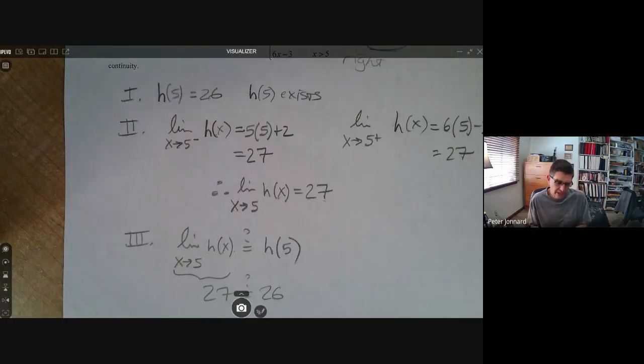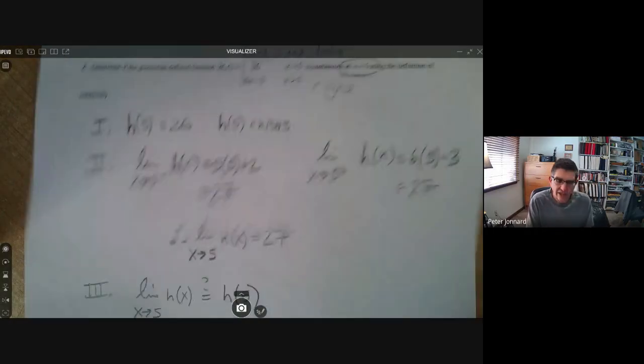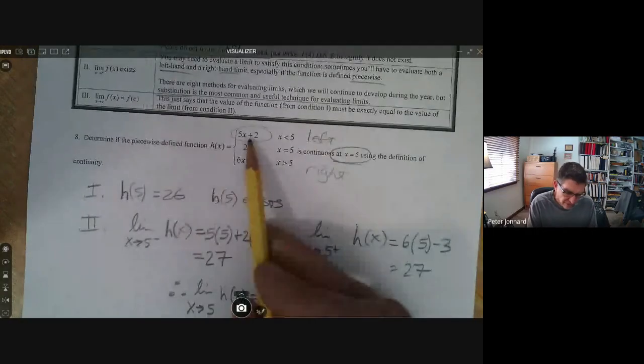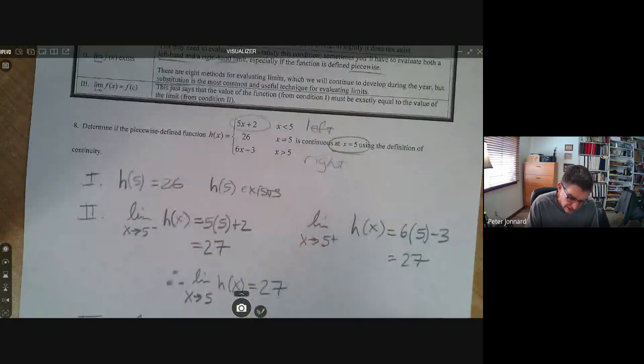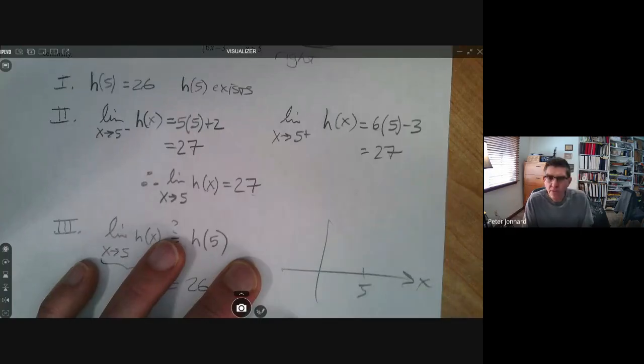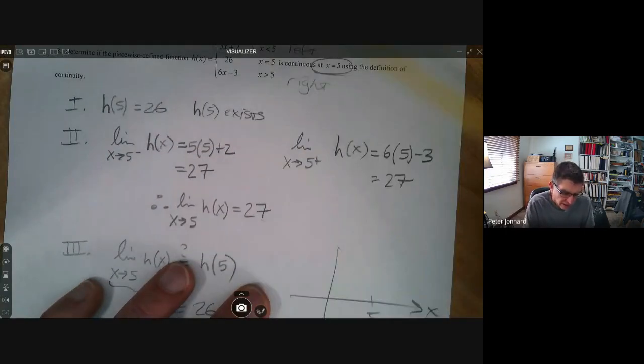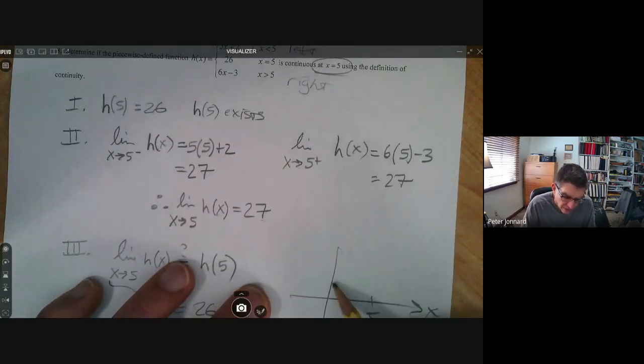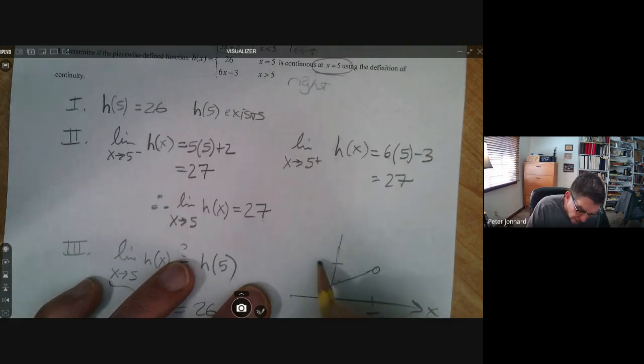They're not equal, okay? So basically what we're saying here is, if you look at the graph of this thing, as you get closer to 5, sorry, you guys, I'm off the screen. As you get closer to 5, we basically have a linear function as we approach from the right going in. And then at 5, that's at 27, right? And then at 26, we have the value of the function there.